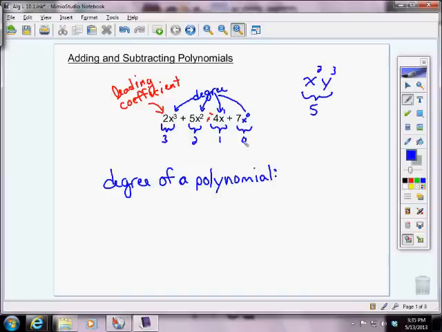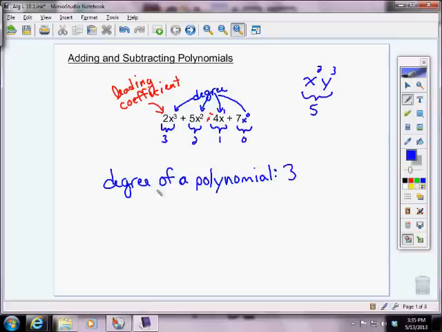What do I mean? The degree of this polynomial would be 3. It's a third degree polynomial because that's the biggest degree of each term. So don't get caught up too much in the language, but you need to understand it because it's going to be referred to and expected that you know it.